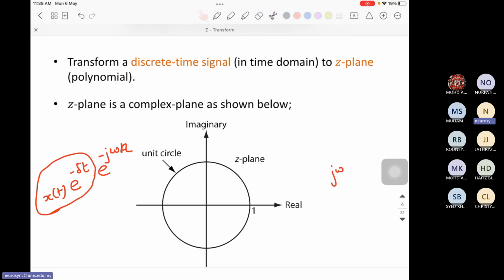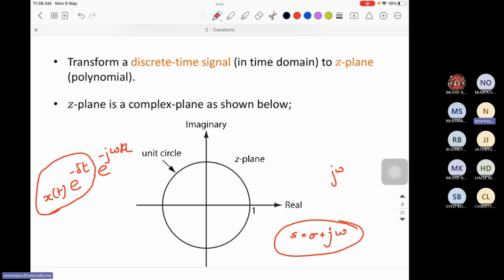The Laplace transform is in terms of the complex value s, where s is equal to sigma plus j omega. This represents a point in the complex plane.